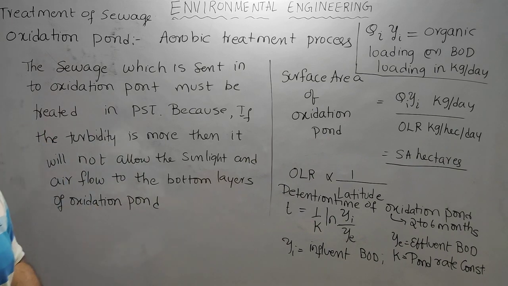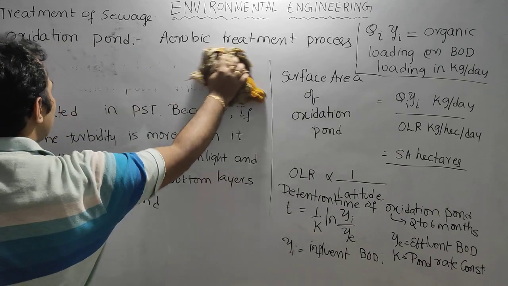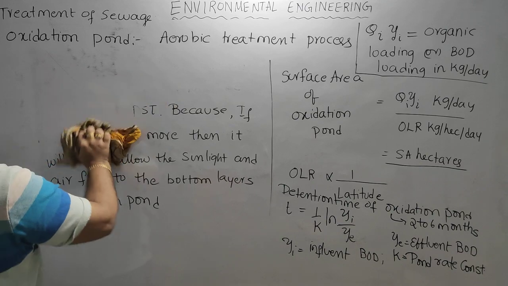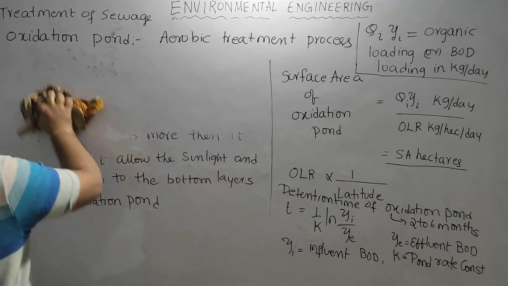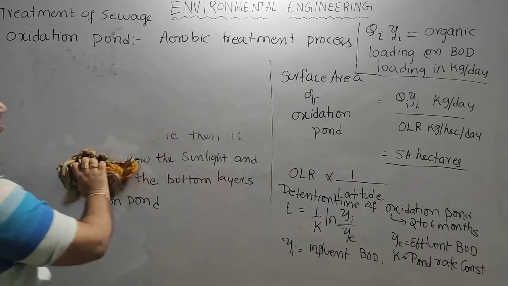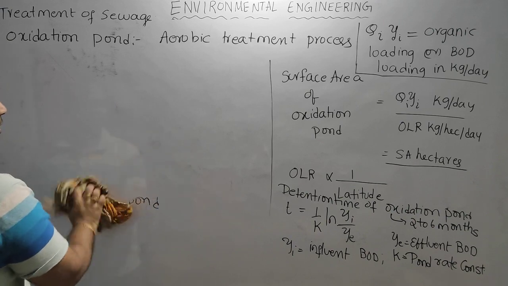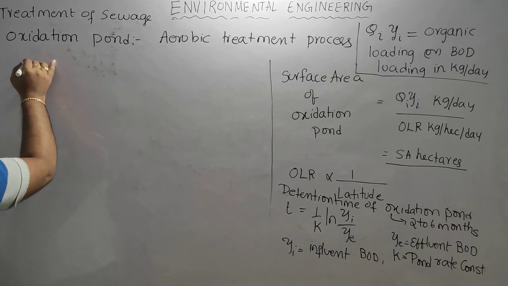The next point is, because everything here is dependent on algae growth, the effluent cannot be directly sent into river water, because the effluent from the oxidation pond will contain a large amount of algae.